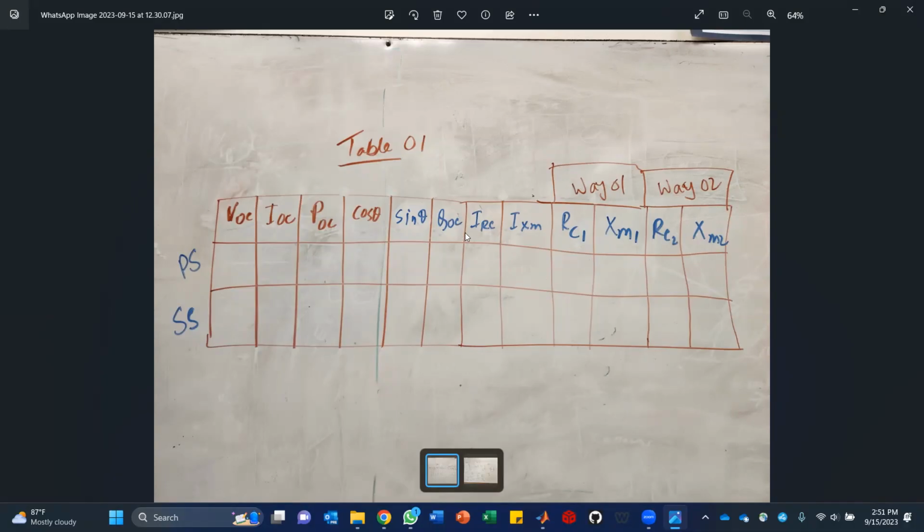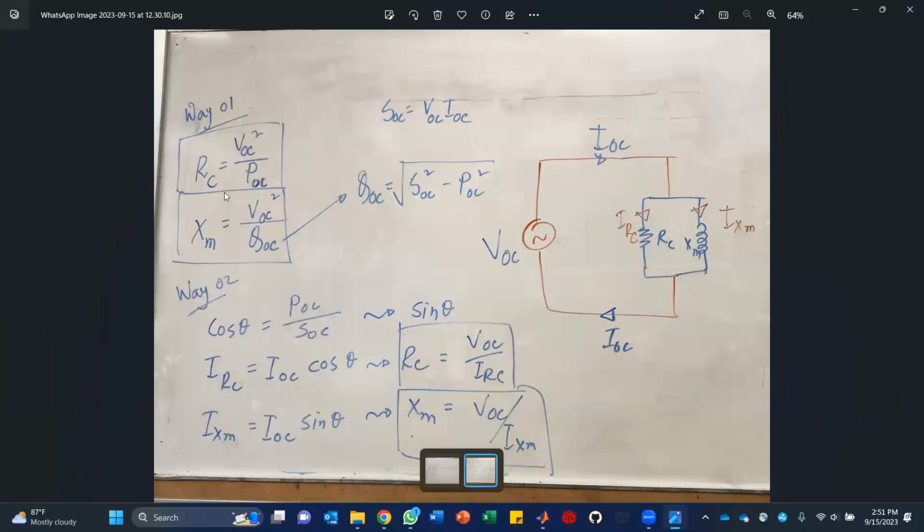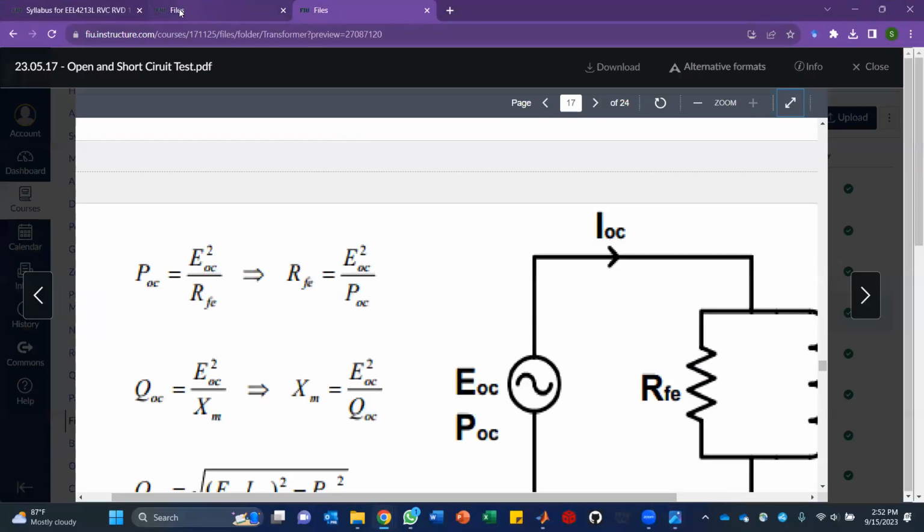And then all you have to do is make sure in the report you put all the calculations thoroughly, just like this figure: way 1 for case 1, way 2 for case 1, and for case 2, way 1 and way 2. So I want you to put everything in the report, and the report structure I will give you in a second.